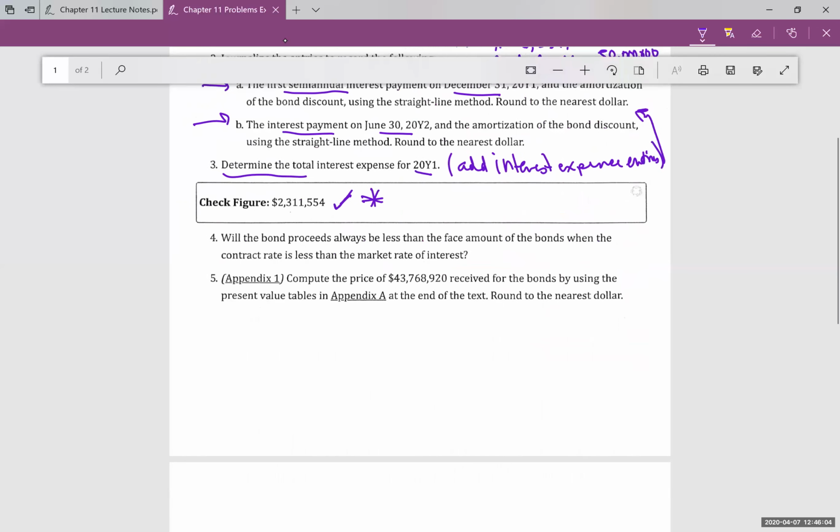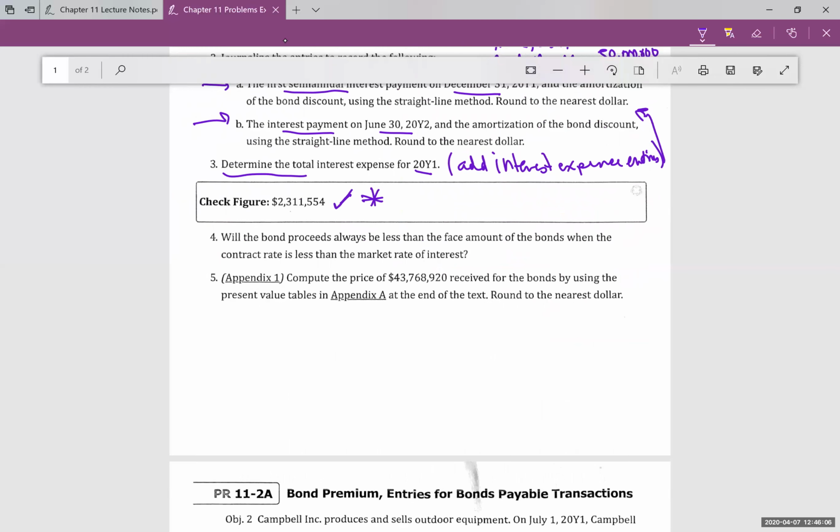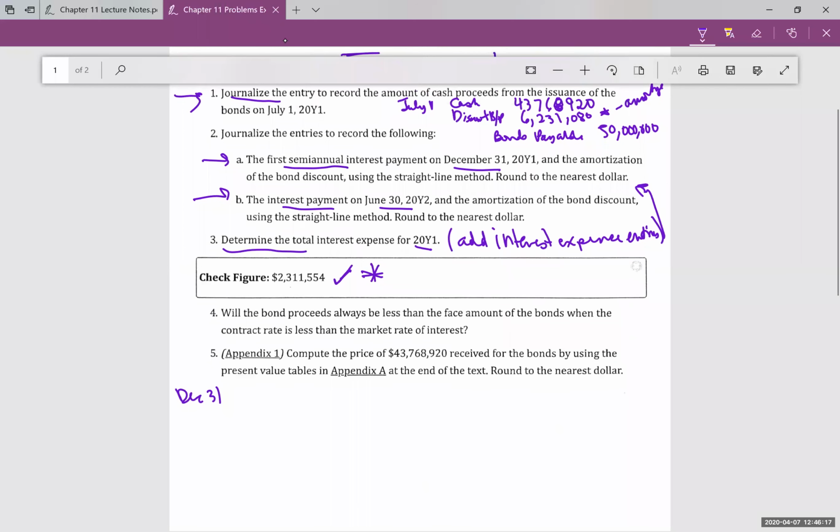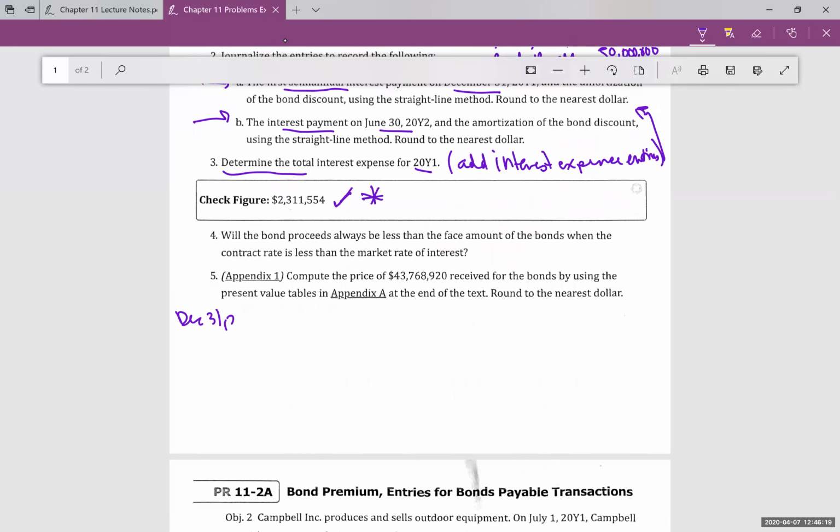All right, so let's do some of that down here. We've already figured out what the interest payments are going to be. It's 2 million. So let's do that first. December 31st, 20Y1. This is our interest expense. This is a 3-liner. It's interest expense.